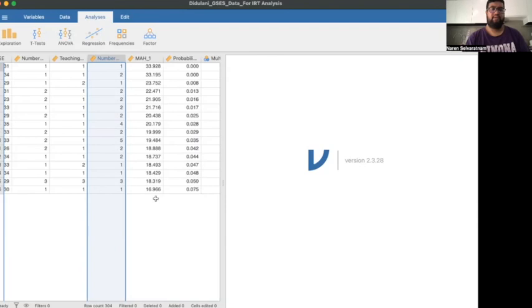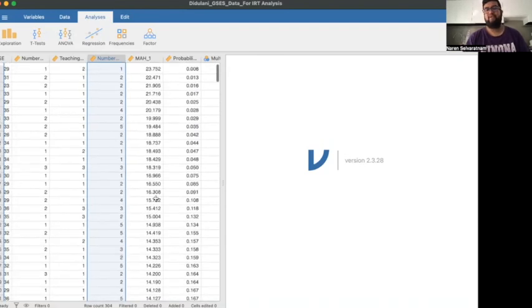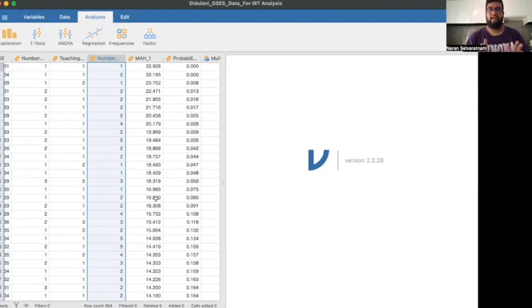Although sometimes students feel a little overwhelmed about factor analysis, I'll show you how it can easily be done through Jamovi. You can see here there are some tabs: data exploration, t-test, ANOVA, regression, frequencies, and factor analysis. If you are a psychology student, I think this software offers you all the necessary analyses that you need to run.